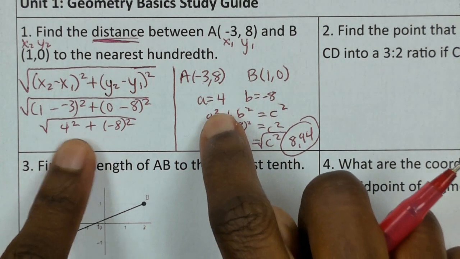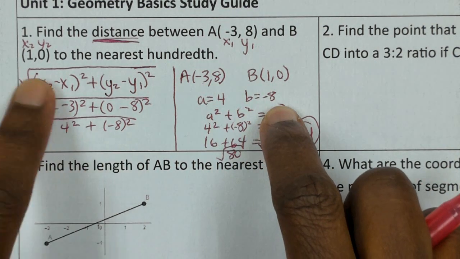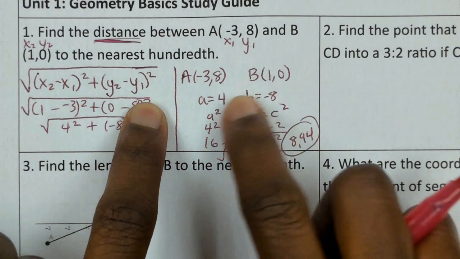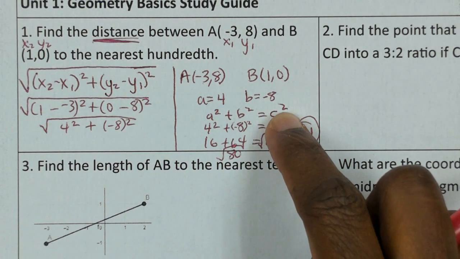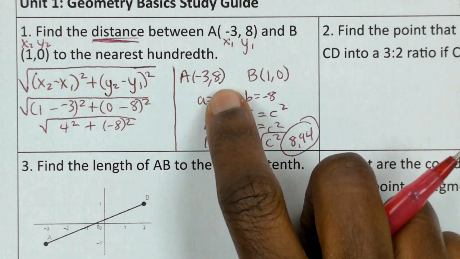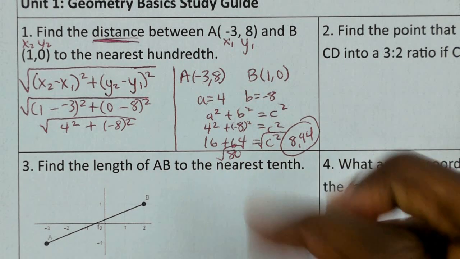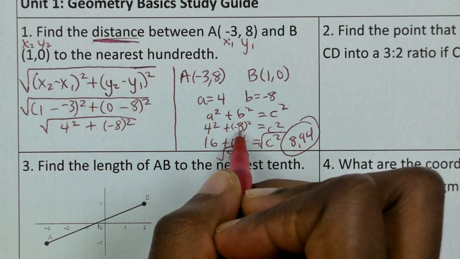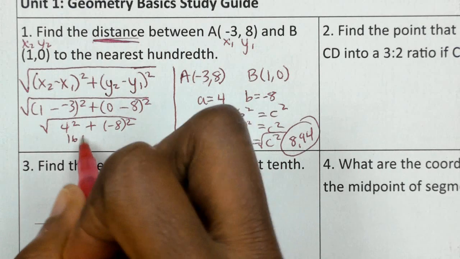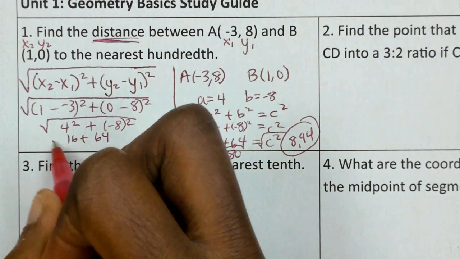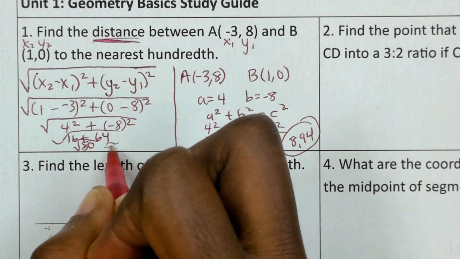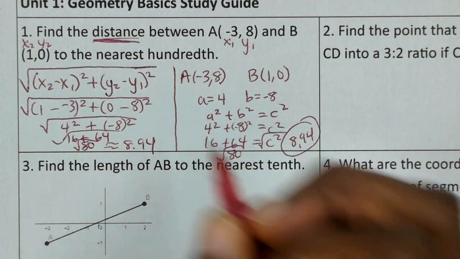So this is the same thing that you're getting for A and B. We're just actually having to do all of the work out, versus Pythagorean theorem means you can do some of it mentally. You can figure out the distance between x coordinates and y coordinates mentally. But when you get to this step, it turns into this, so you're going to get 16 and 64. So 80 square rooted is about 8.94.